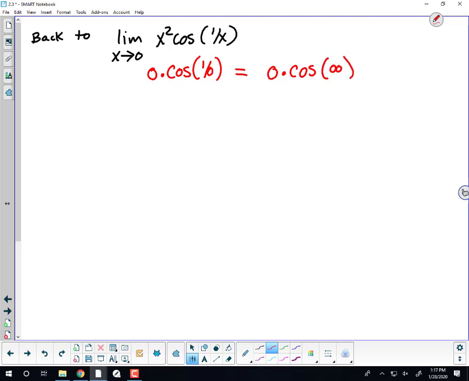And as the inputs on cosine get larger and larger, what does cosine do? So just think of the graph of cosine. As we trot along this way on the cosine function, does it level off? No. If we went this way with the cosine function, it just does this forever, right?